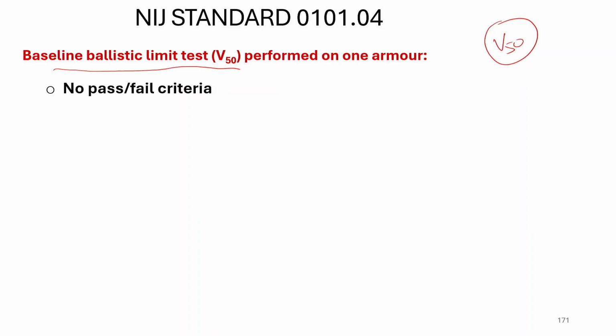Here we have to calculate the V50, that is the velocity at which the penetration probability is 50%. That is the limit we can calculate, that is the performance of our ballistic material. So, that is called the baseline limit test.